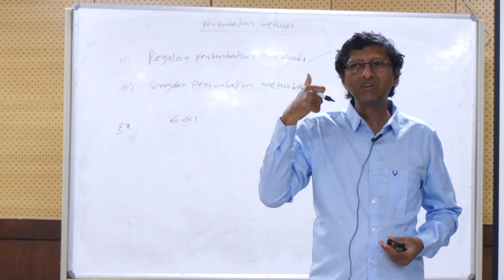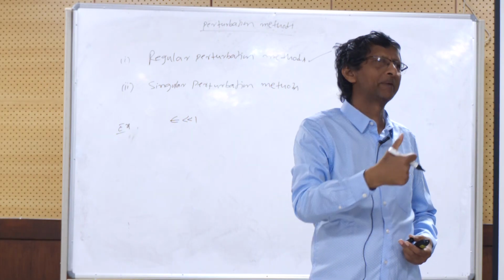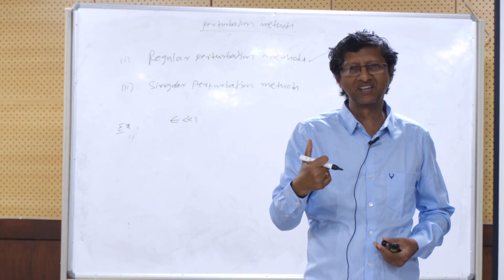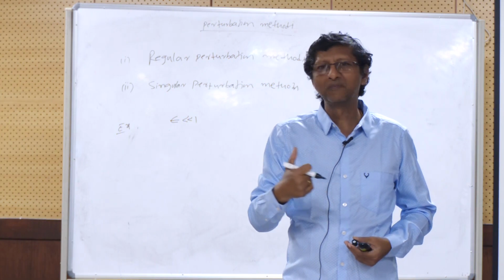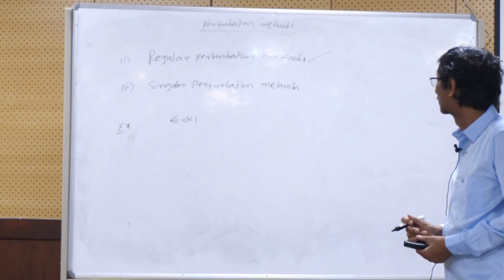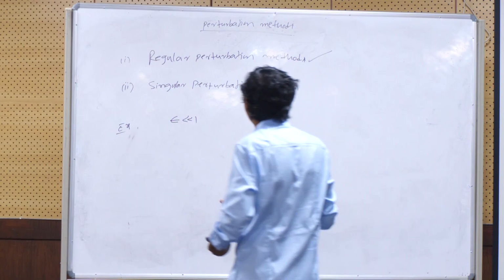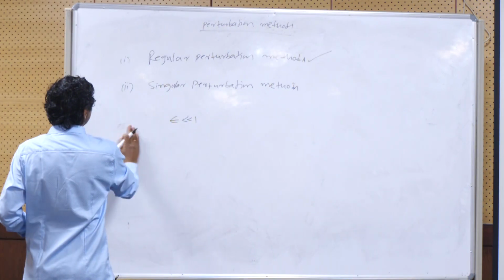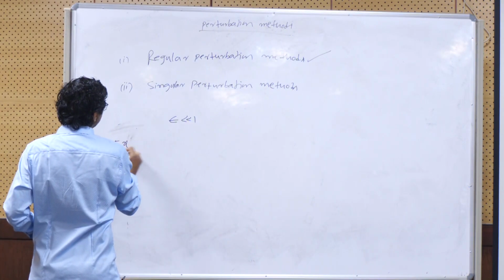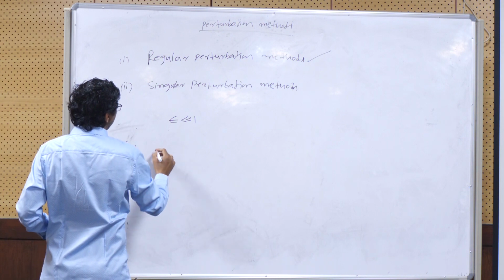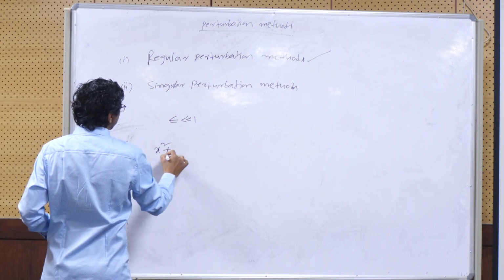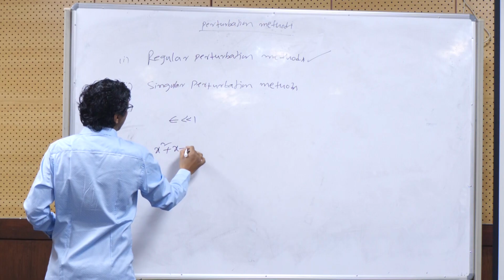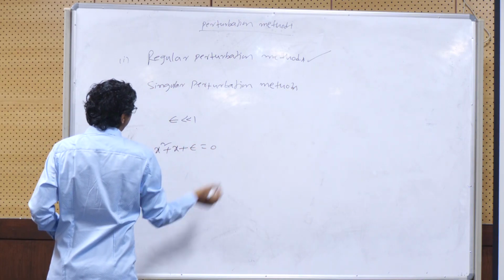If these equations include a small parameter, a small disturbance, we get such quantities. As an algebraic example, we can take x squared plus x plus epsilon equal to 0.